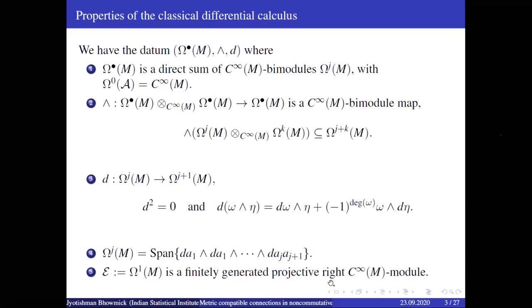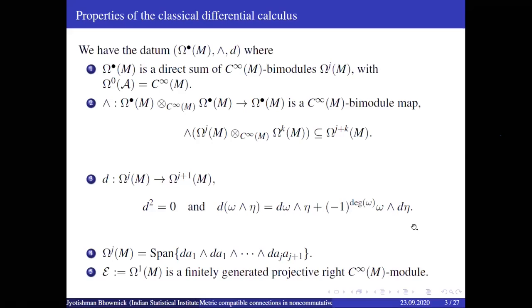Okay. So what do we have? I have a bunch of bimodules Omega J M, which look like these. I have a wedge map which maps a J-form tensor a K-form to a J plus K form. And I have this differential D whose square equals 0, and it acts on the wedge product of omega and eta by this formula.